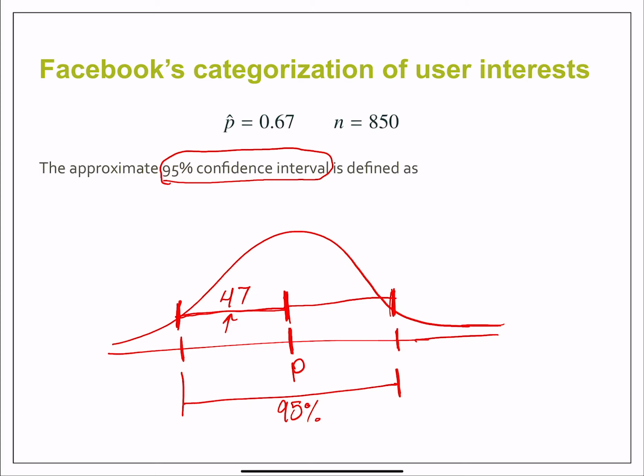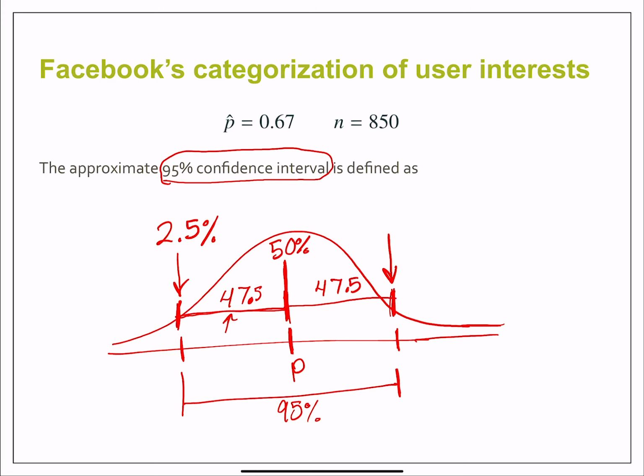So we have 47.5 on that side, 47.5 on this side. Our value in the middle is what? 50% is right in the middle. Now, what's 50 minus 47.5? 2.5. So that's 2.5% on that side.